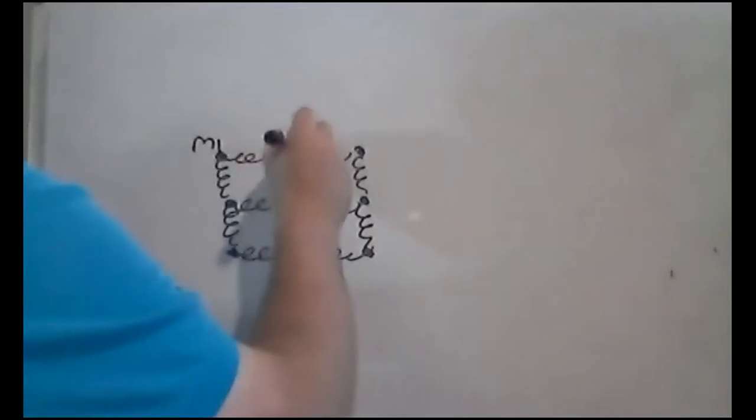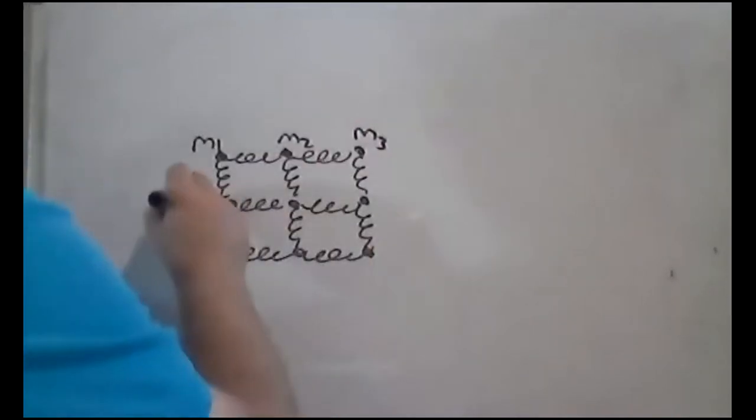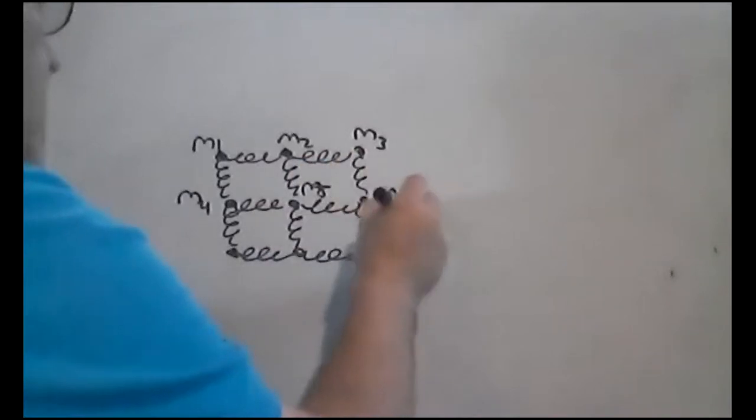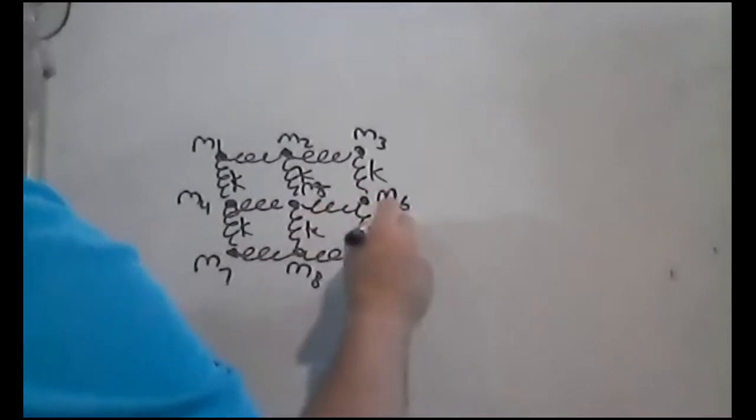So I may have M1 through M9, and they all have some sort of a K. Maybe we can imagine all the K's being the same, or they can be different. It doesn't really matter. All these have spring constants, and they all move with respect to each other. I'm not going to write all the K's out. So that's how I look at it.